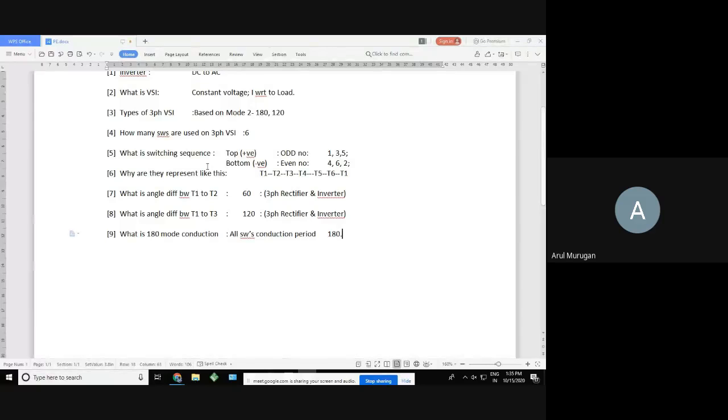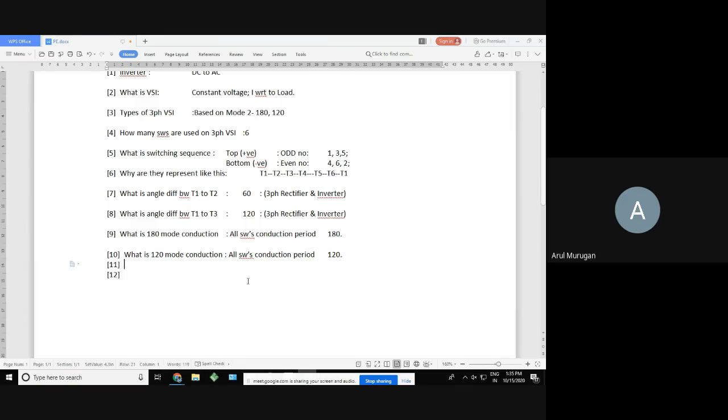And 120-degree conduction mode means the conduction period of all switches is 120 degrees.